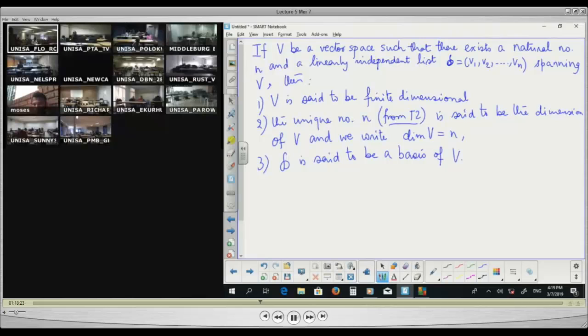Now, what we have done therefore tells us that the dimension is in fact the largest, before I go ahead, a vector space which is not finite dimensional.